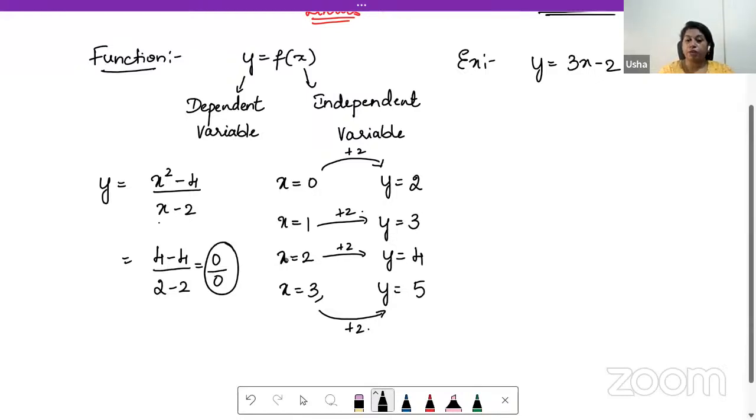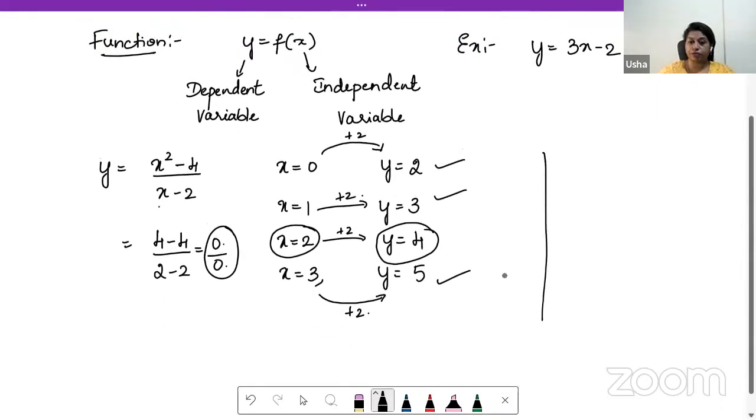As I told you, based on the observation, if I put x as 2, I'm supposed to get y as 4. But in the actual formula, when I substitute, I'm getting 0 by 0. Why is this happening? If I plot this on a graph with x and y axes, when x is 0, y is 2. When x is 1, y is 3.